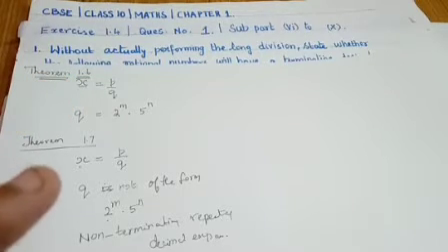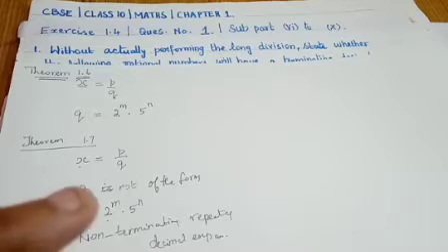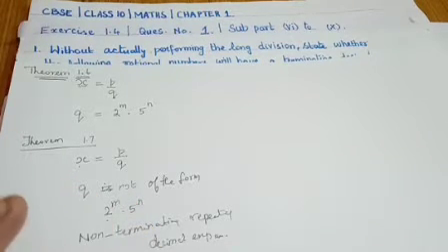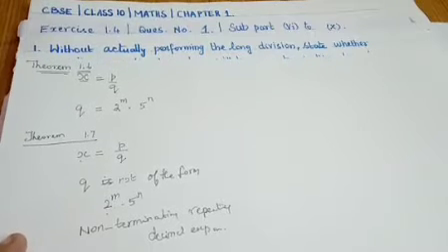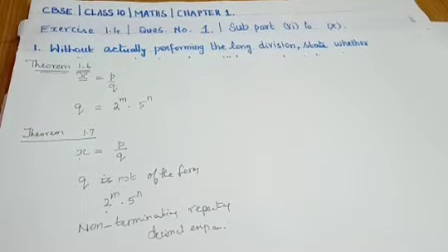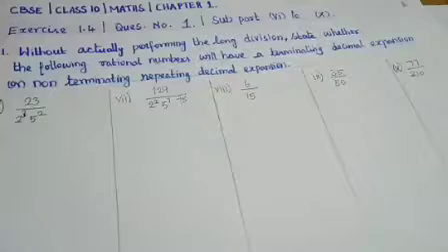And if q is not of the form 2 power m into 5 power n, then the given number x will have non-terminating repeating decimal expansion. This you have to know.